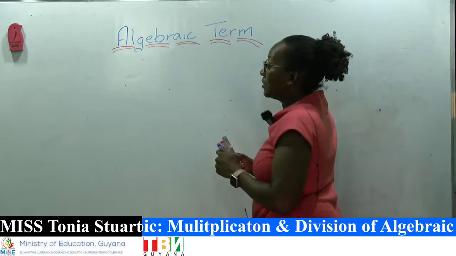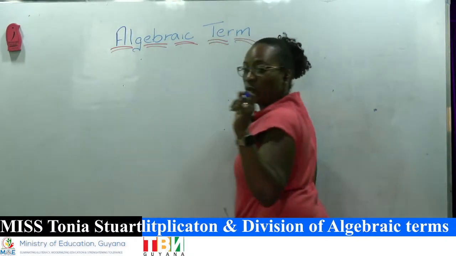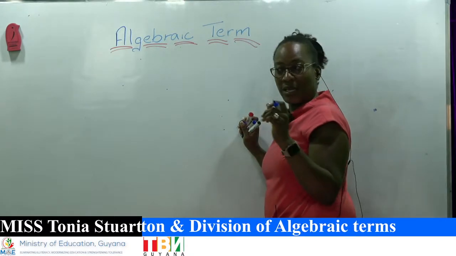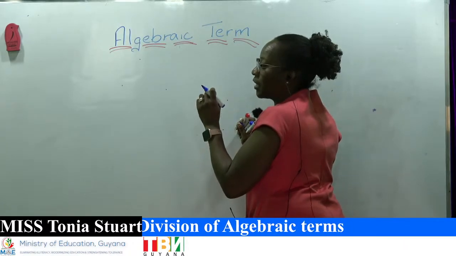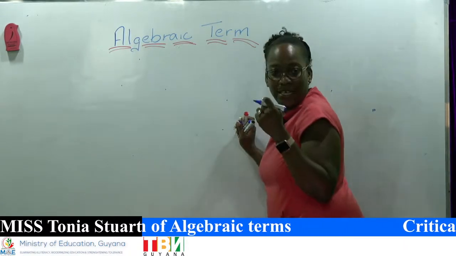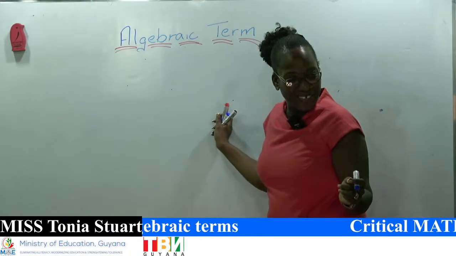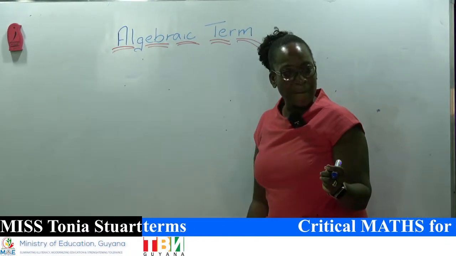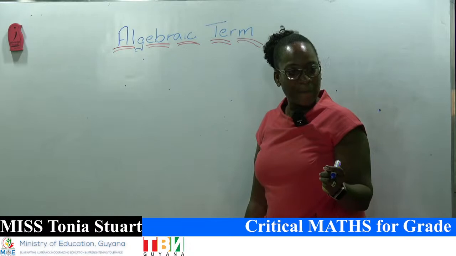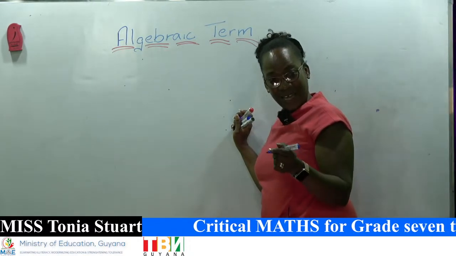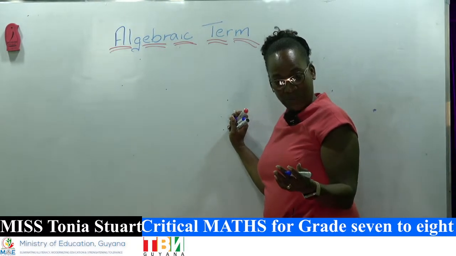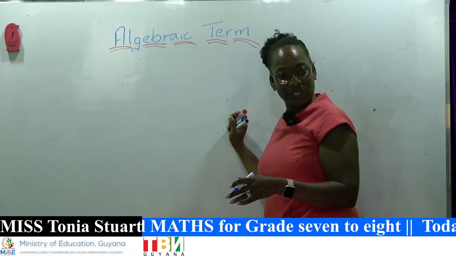Right? So in algebra, one of the main things that will give you the idea that the sum is algebraic is that it has a letter or a power. It has a letter and a number, or just letters alone. The power, not that important.